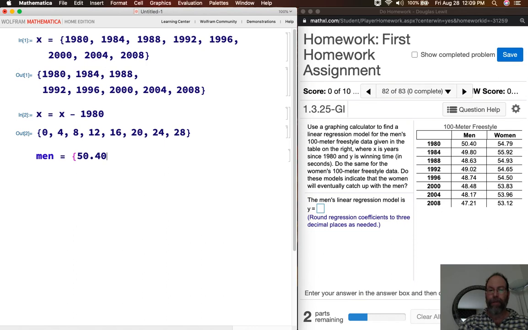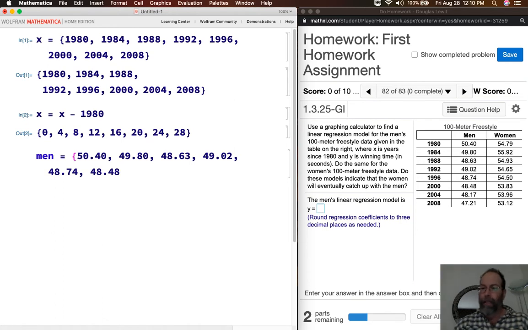50.40, 49.80, 48.63, 48.63, 49.02, 48.74, 48.48, 48.17, and 47.21.